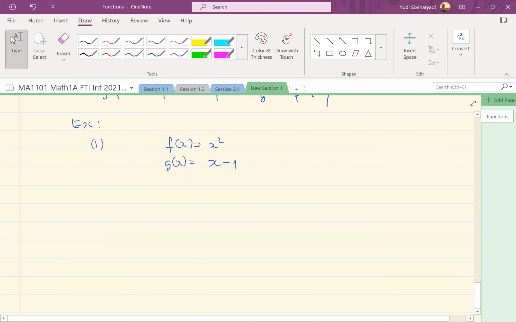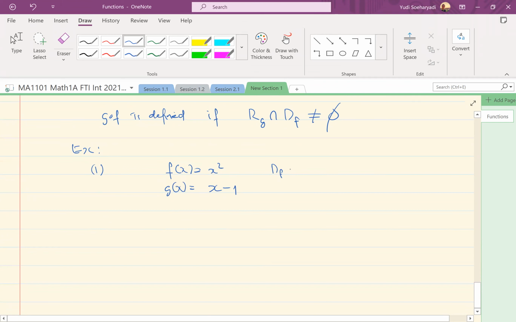You see that here the domain of f is all real numbers. The range is nonnegative numbers, for example. While for g, you can compute this for any x. So the domain is the same. Right, so let's compute.